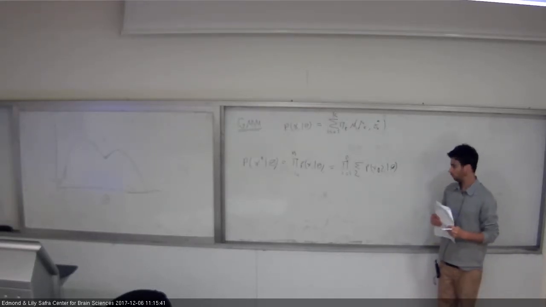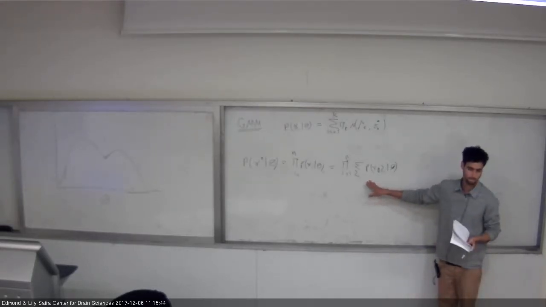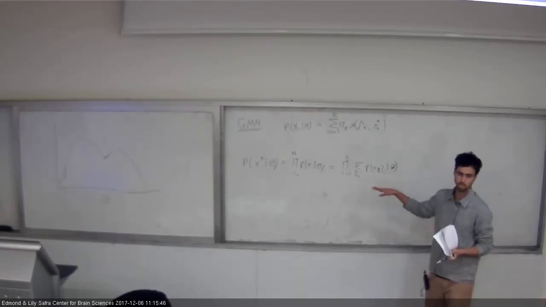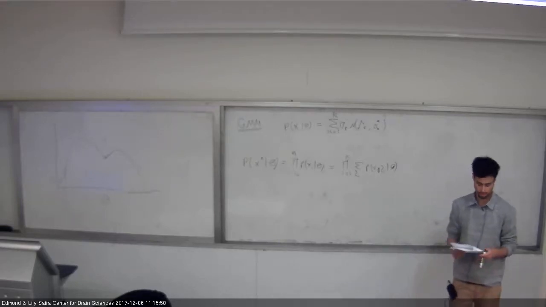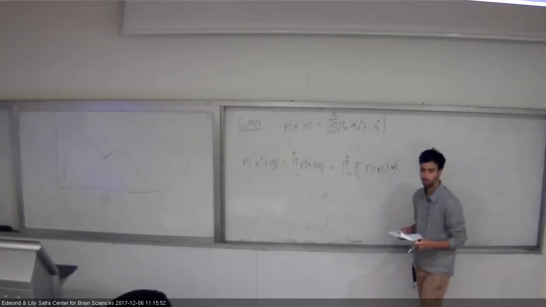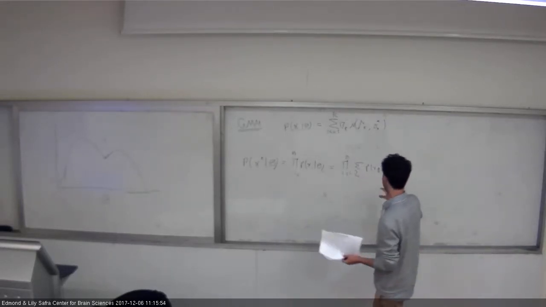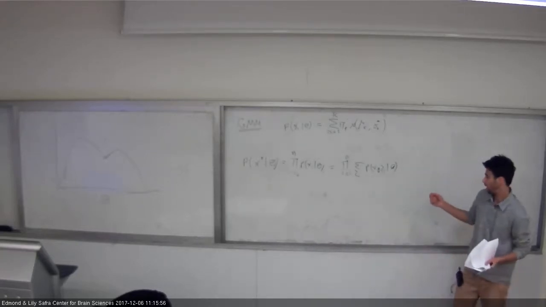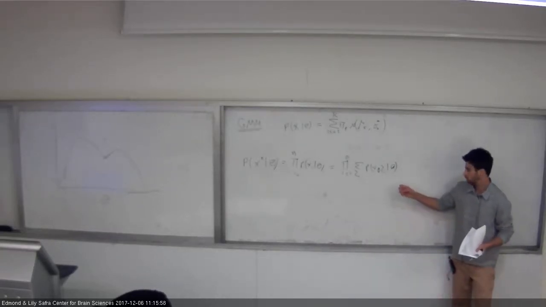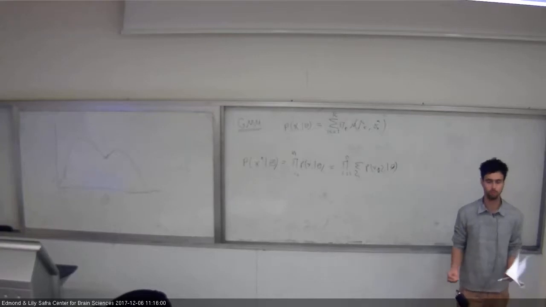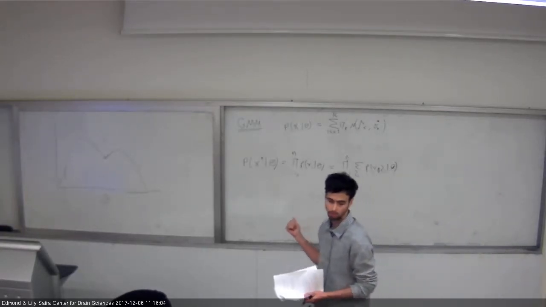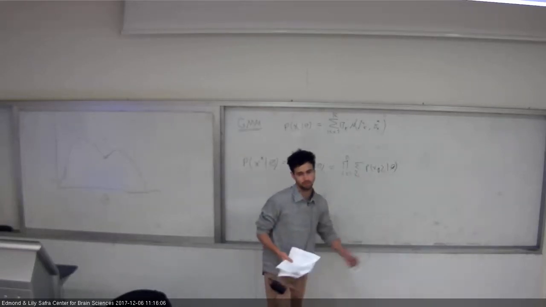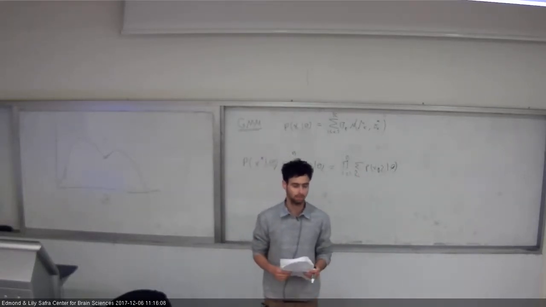Now, what is the problem with this? We assume that this one is easy to compute the log likelihood of, for example, it's Gaussian, or Poisson, or something like that.